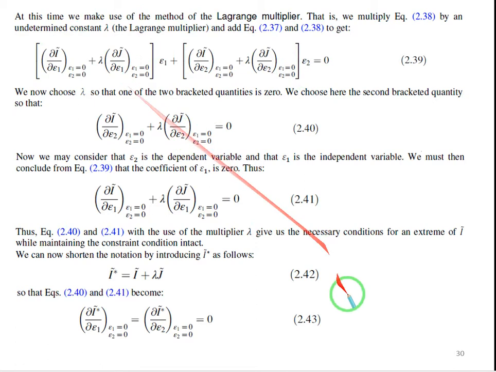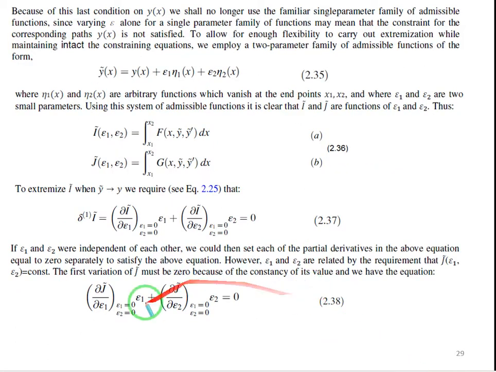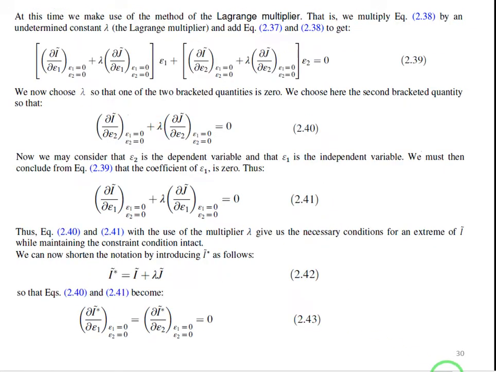We multiplied the second equation, equation 238, by delta, and calculate the summation of equation 231 plus 238, as you can see here, by equation 239. In this equation, we define lambda as the Lagrange multiplier.